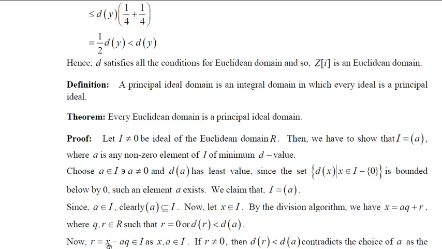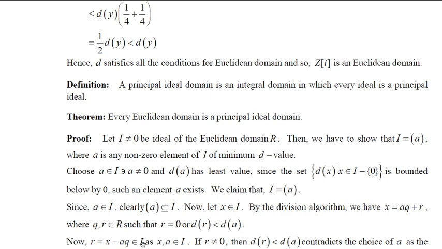You should note that your X is coming from I, and A is coming from I, and Q is coming from R. By the definition of ideal, an element of the ideal times an element of the ring should always come in I. A is an element in I, Q is an element in R. Therefore, AQ comes in I. X is already present in I. Therefore, by the definition of the ideal, the difference will also come in I, since I is an additive subgroup.